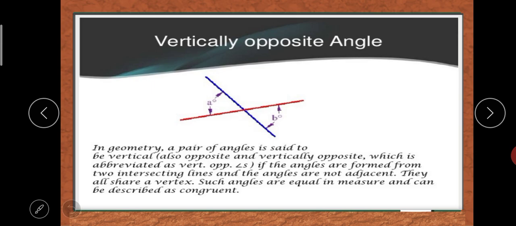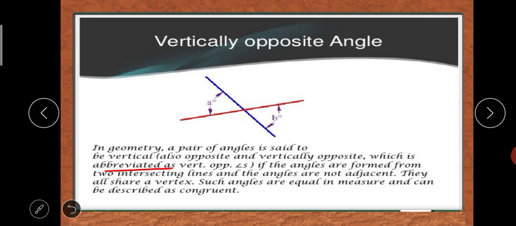Next, see vertical opposite angles. Here a pair of angles is said to be vertical opposite angles, abbreviated as vertical opposite. If the angles are formed from two intersecting lines and the angles are not adjacent, they share a vertex. Such angles are equal in measure and can be described as congruent.